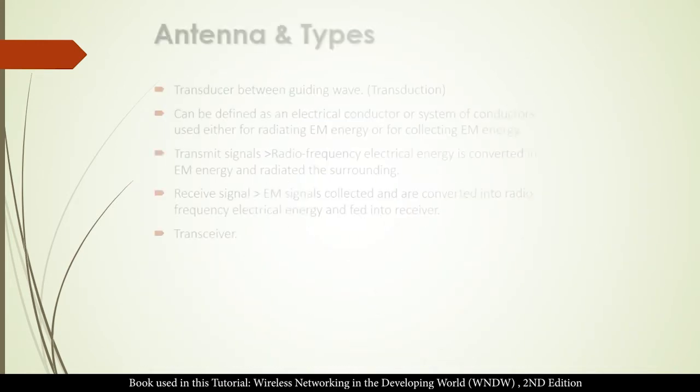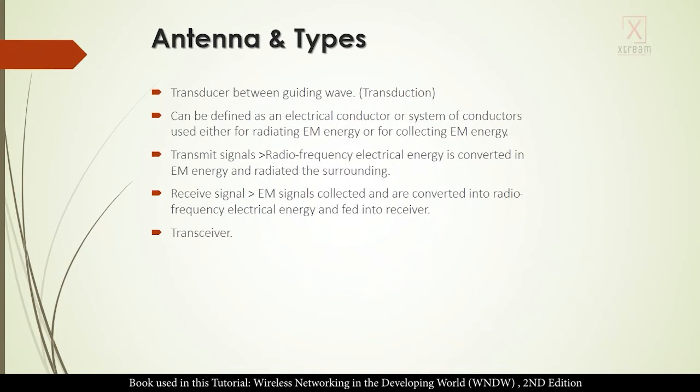So in this case, let's suppose we have two devices, one here and the other one here. We can use the same antenna to transmit signals or data from one point to another, and we can also use the same antenna to receive the signals.